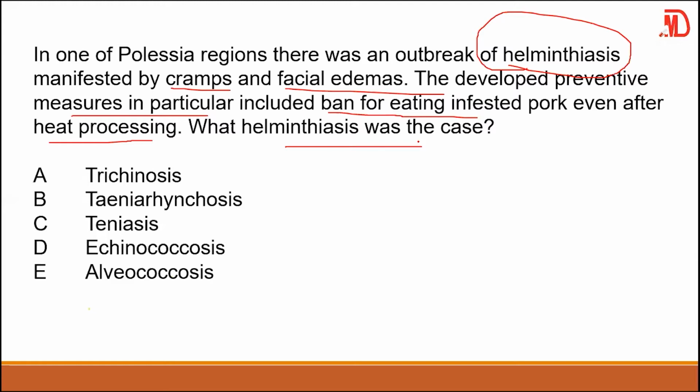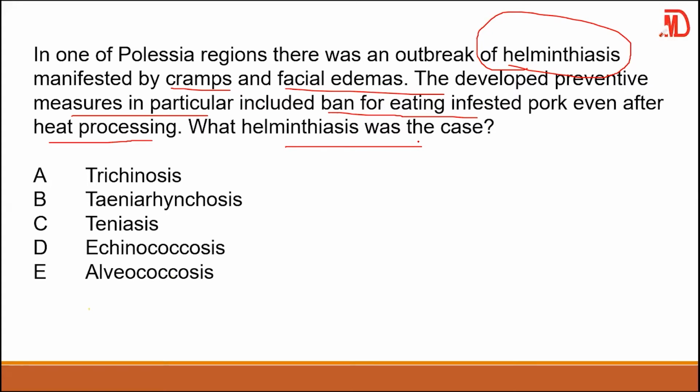Guys, over here, we're not talking about Taenia saginata. We have talked about those, their proglottids, their uteri, where one has less than 12 branches and the other more than 12. You know how to differentiate between the types of tapeworms. But over here, they are talking about trichinosis.